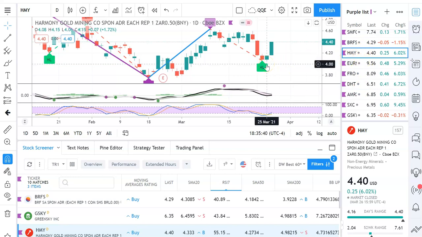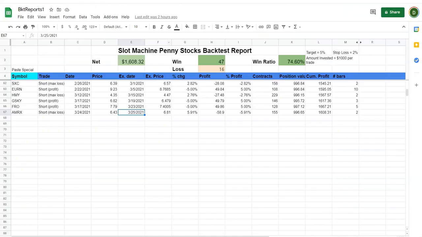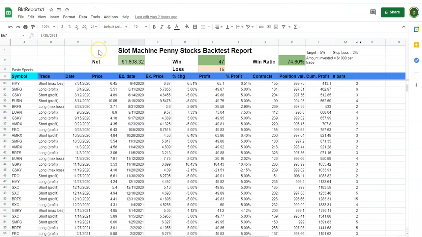I hope this helps. One last quick thing about penny stocks, which I don't like because they're hard to trade and they're very erratic. But I want to show you what I found out. Backtesting from January 1st, 2020, using 8 stocks, gave me a win ratio of 75% at $1,600.